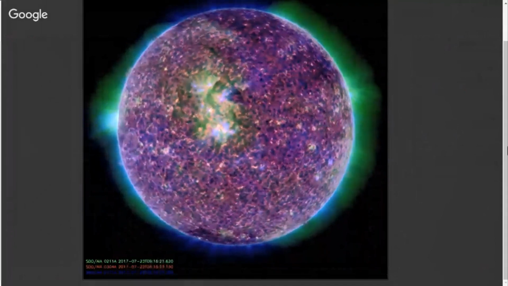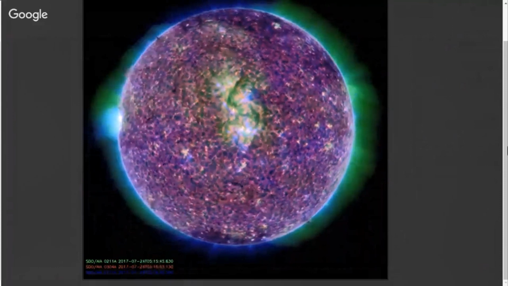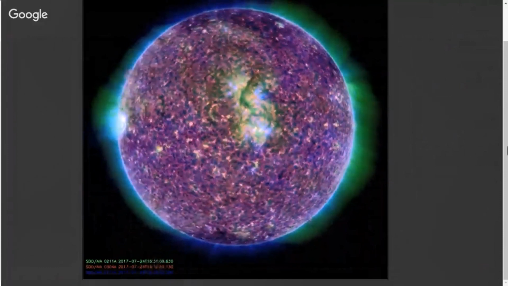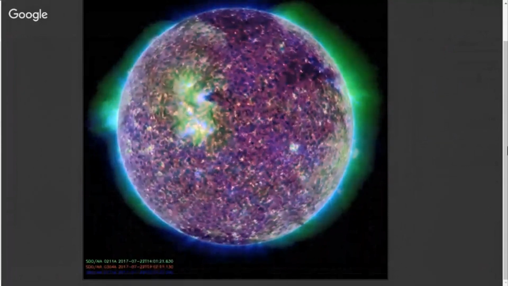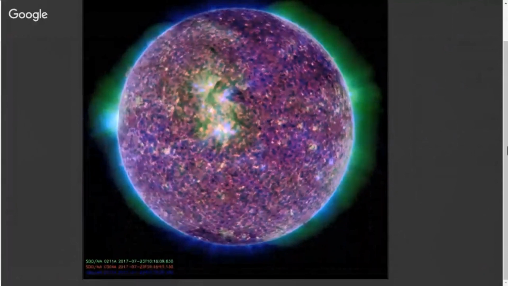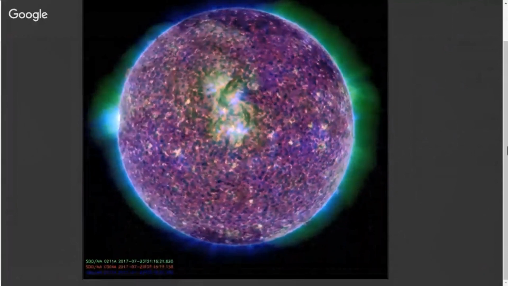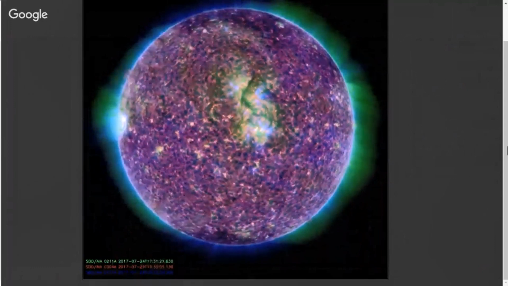It's the 304, maybe. Yes, it says the 211, the 304, and the 171. So the 171 is actually the yellow one, but we see blue there, which is strange.